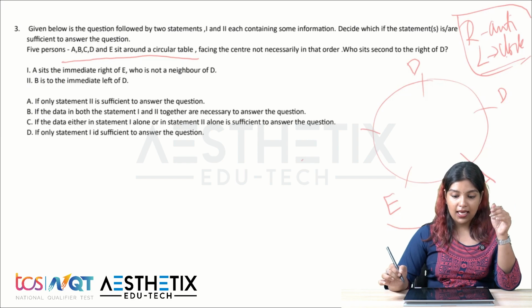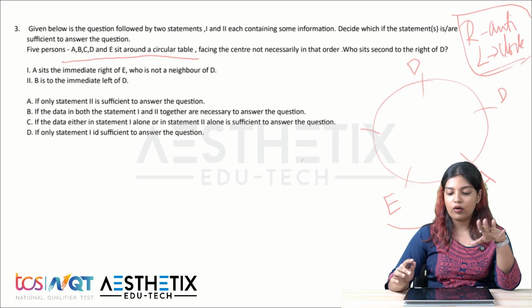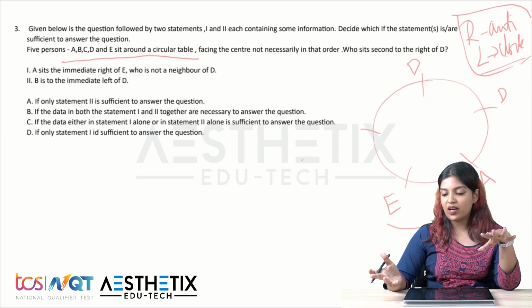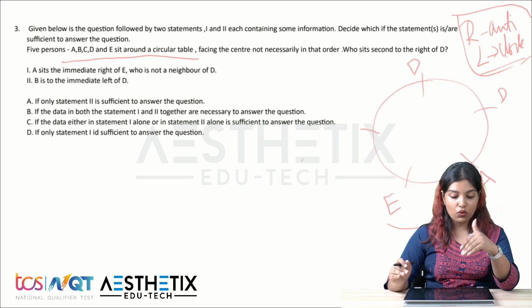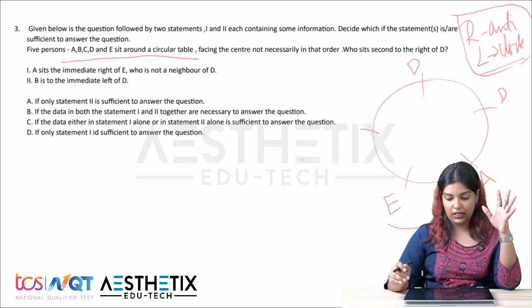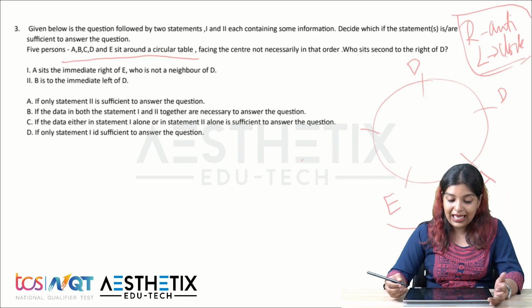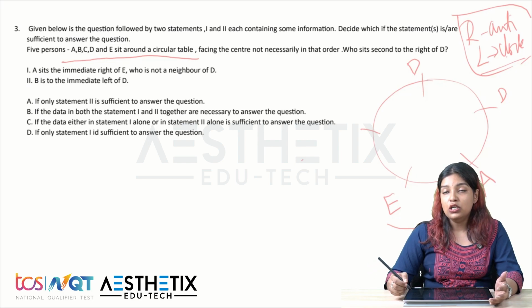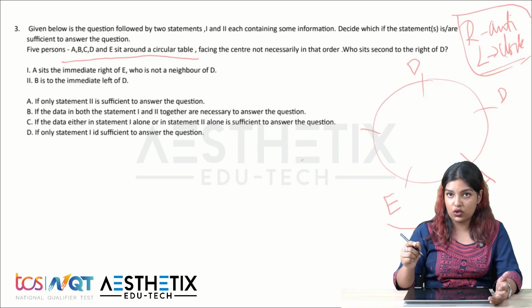Okay, and the second statement. Using the first statement alone, we cannot definitely find who is sitting second to the right of D. So I go to the second statement, that is, B is to the immediate left of D. So B is sitting immediately to the left of D. The left of D should go in the clockwise direction only.